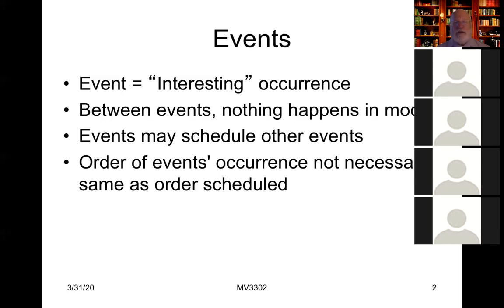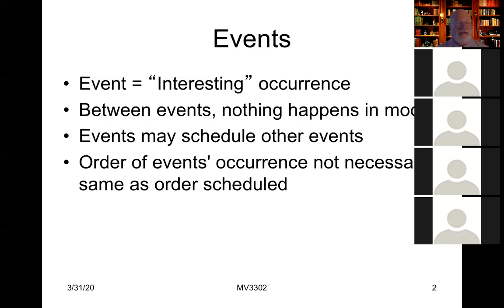Now, one of the reasons why the time advance mechanism is important is that in between events, nothing happens. So in the simulated world, nothing happens, meaning that no state changes value between events, that is between the scheduled events, the events as they occur.